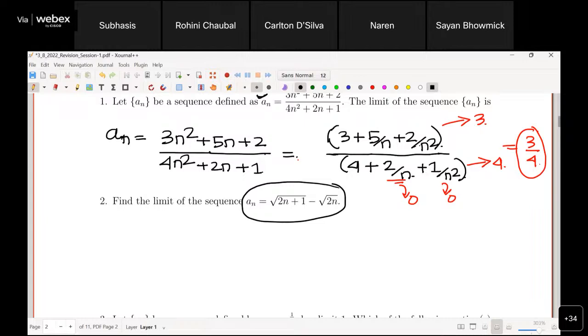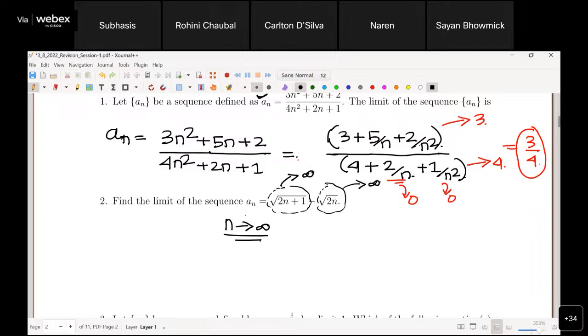If you try to do it directly, then you will be in trouble. If n goes towards infinity, this thing will go towards infinity, and this will also go towards infinity.